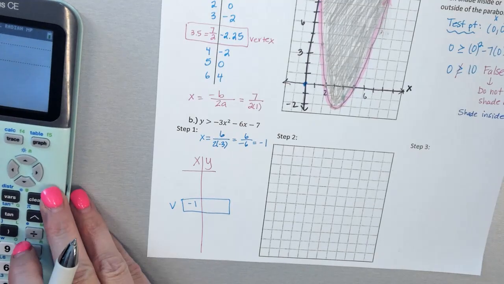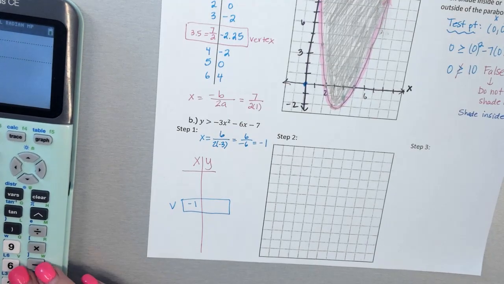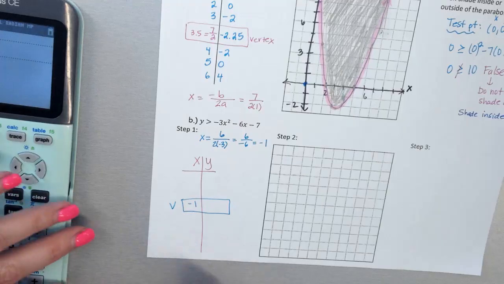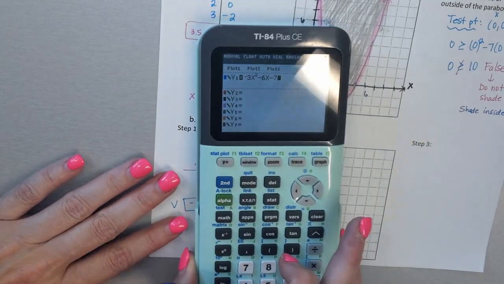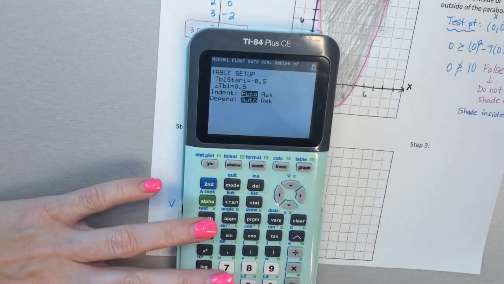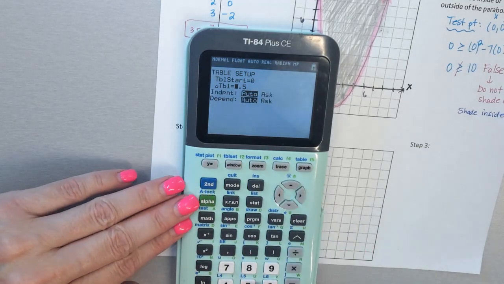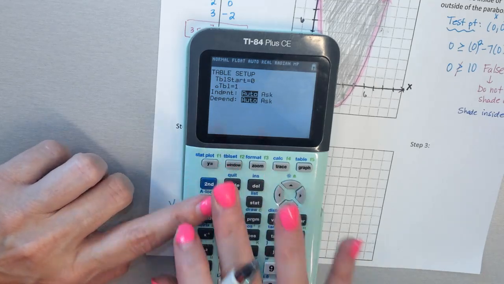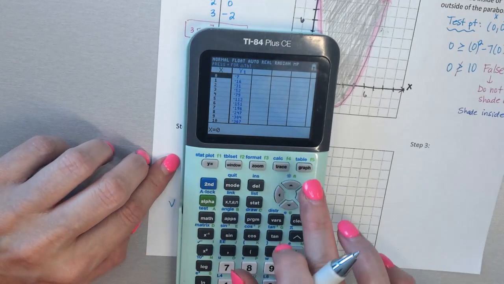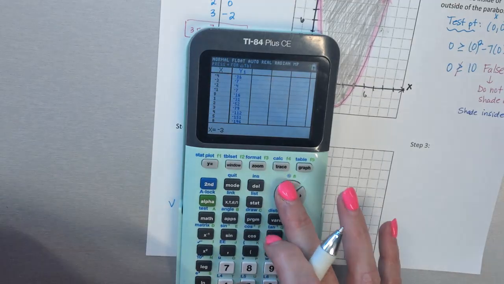And then you can use your graphing calculator to look at those values. So we're putting that into y equals. You can go back and you can make your table set go by ones. That's the table set is above window. So second table set to make sure that's set up, and then second graph to look at your table.